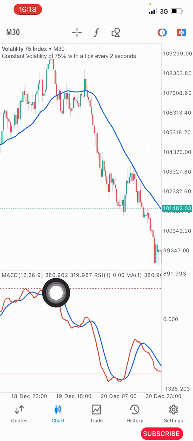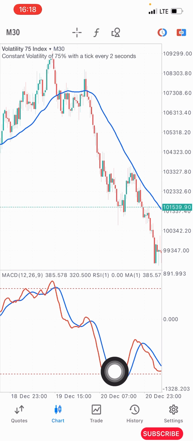That is just the basic thing you need to know about this indicator window. But this is not where the main thing happens. The main thing is going to be on the main chart, and I'm going to explain how you have to do it. For now, just know this: once this indicator gets to this area, you should start looking out for sell opportunities, and when it gets to this area, you should start looking out for buy opportunities.